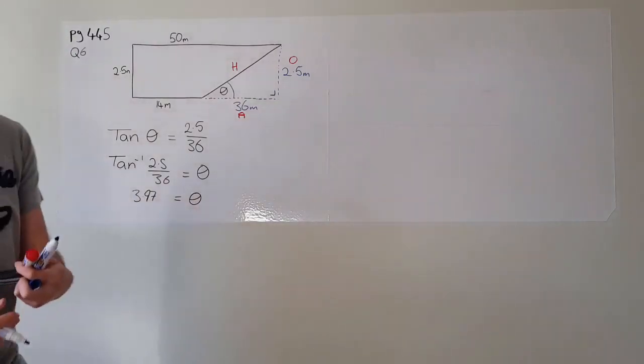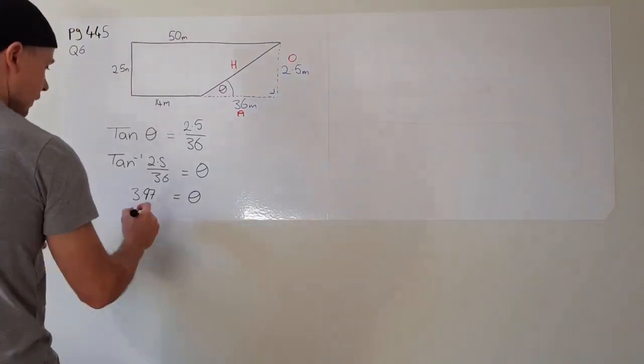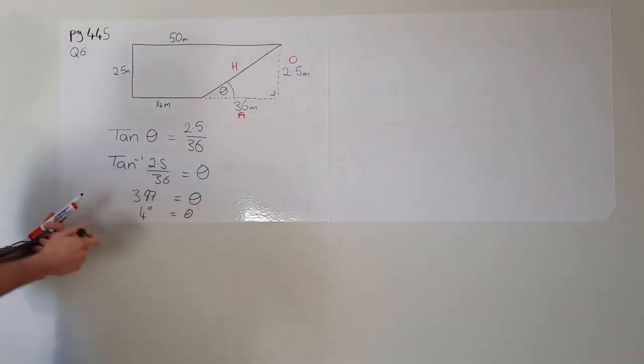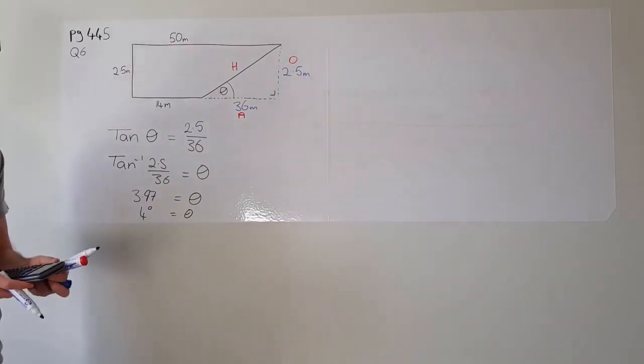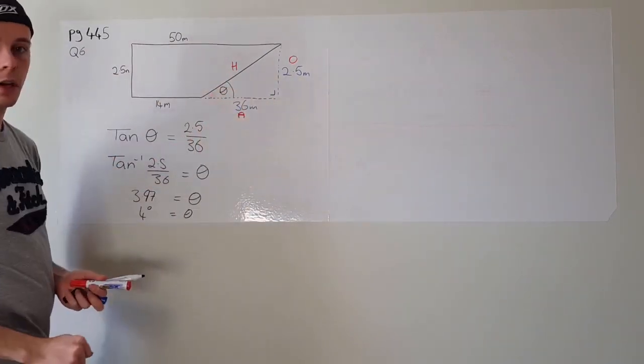And to the nearest degree, it should be 4 degrees equal to theta. So the only tricky bit of that was to visualize a right angled triangle.